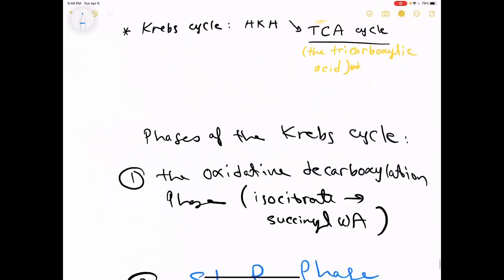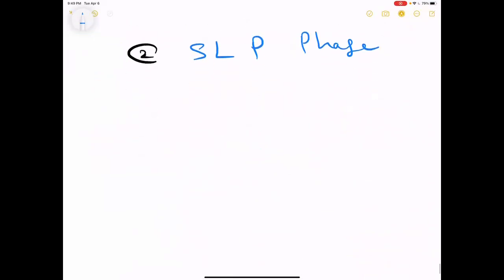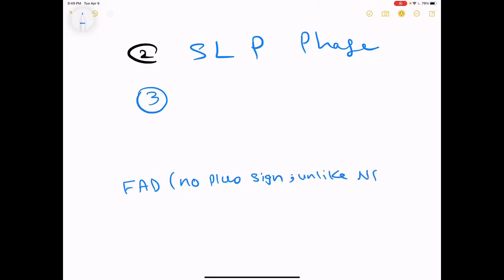So let me go down a bit here. I will write the third phase in a second, but FAD, and I'm going to see here, no plus sign, unlike NAD plus. What does it stand for? Flavin. The AD the same. Remember the other one, nicotinamide adenine dinucleotide?